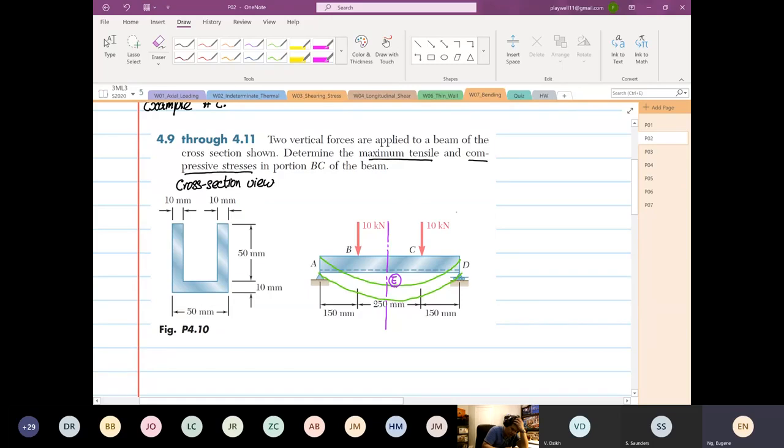If I draw a transformation, this will be X, this will be Y, and over here this is our rotation in the Z. On the left hand, the cross-sectional view, this will be my Y, this is my Z, this is my rotation in the X.